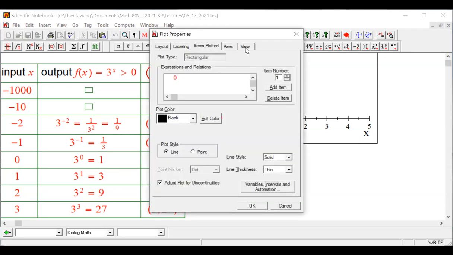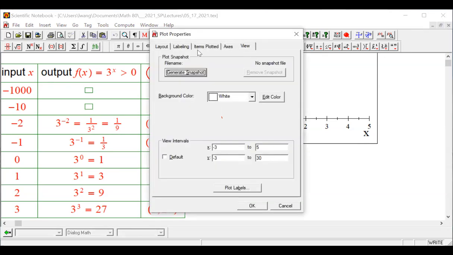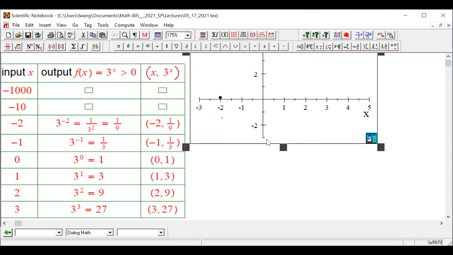I want you to experience that. You can see there's a little gap, and that gap is 1/9. It's all because of the scale.